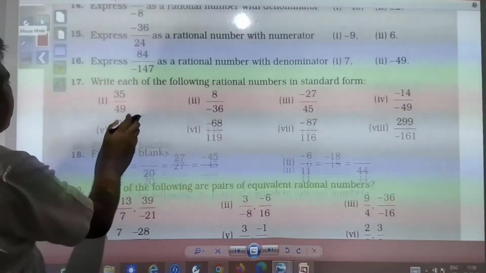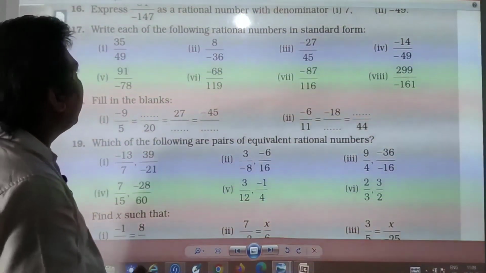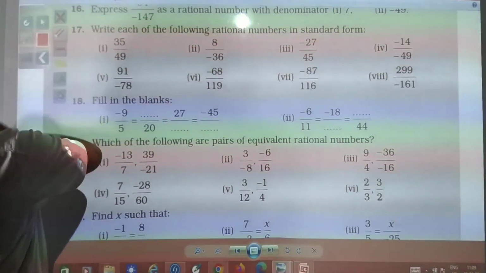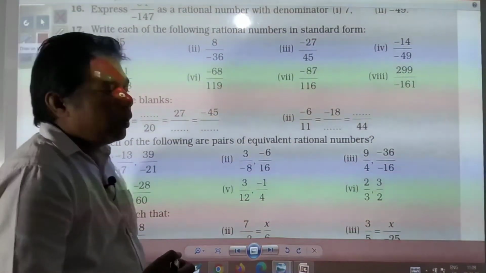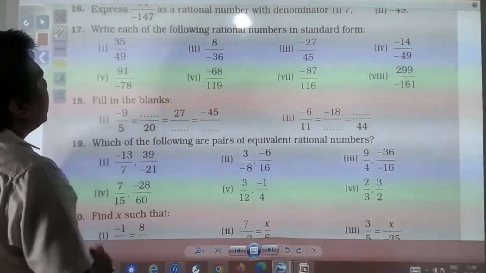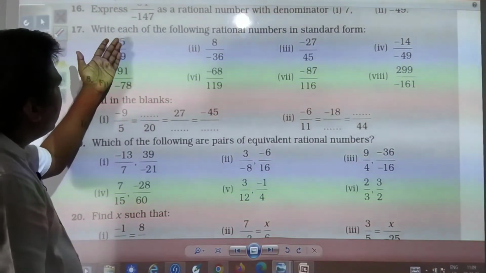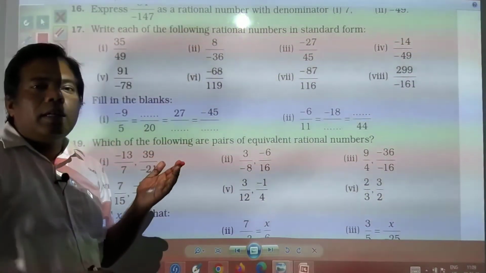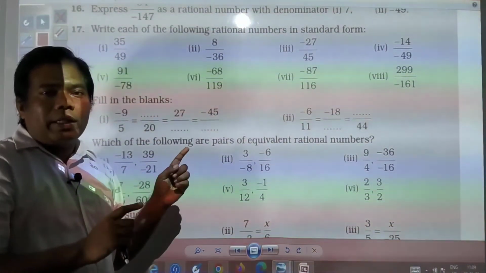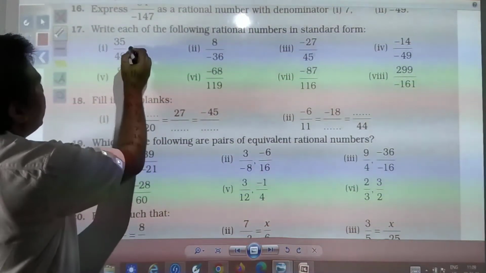Next you see, write each of the following rational numbers in standard form. For getting standard form, it was told that the number whatever you have is required to be divided by the number which has a common factor in between. So the common factor of 35 and 49 you need to find out.